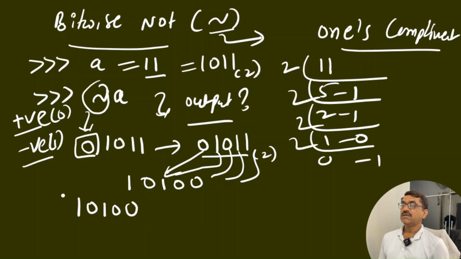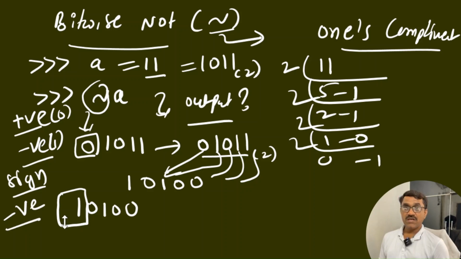Now I said that the leftmost bit represents the sign. The leftmost bit is 1 here. That means we are going to get a negative number. Now, what would be the negative number? Just do one thing.